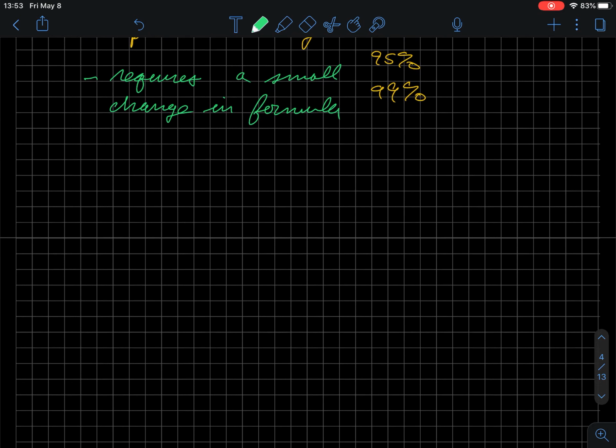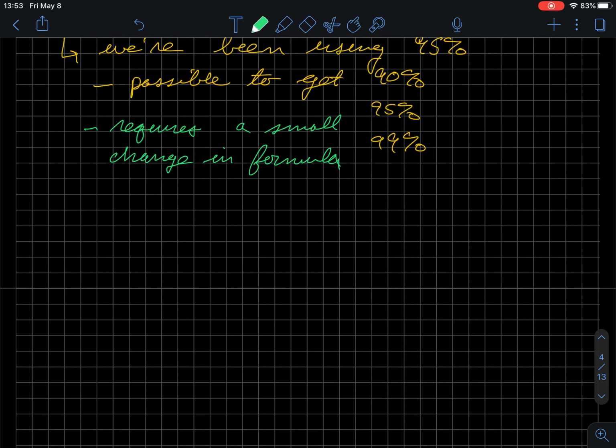The way that we would do this, if you remember from our last little video, is that the CI is equal to x bar plus or minus 1.96 times the standard deviation found for that sample.